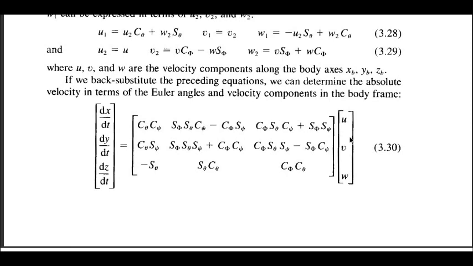This is the velocity component for the body frame, and the dx over dt is from the absolute velocity, the absolute velocity for the earth frame. So here c represents cosine, this means cosine theta and cosine psi, and s represents sine.